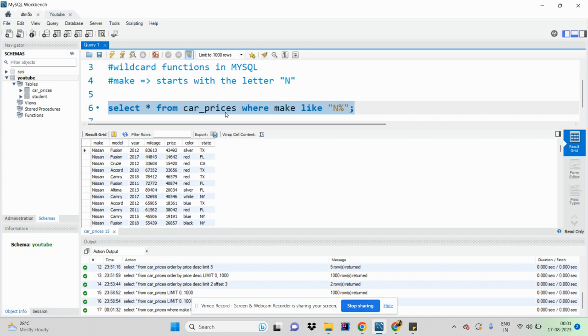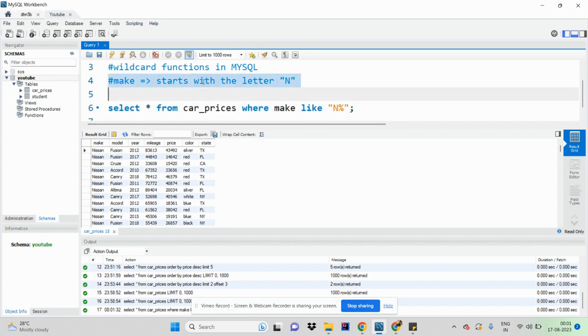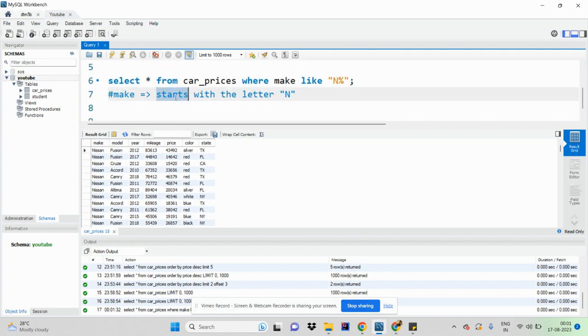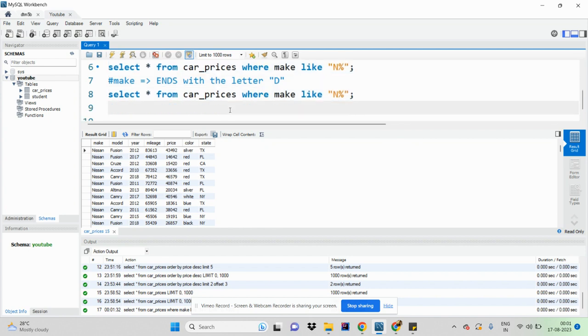In the same way, I want the same thing but ending with D. Give me the make that ends with D. How can I write the SQL syntax in this case? Everything is the same.